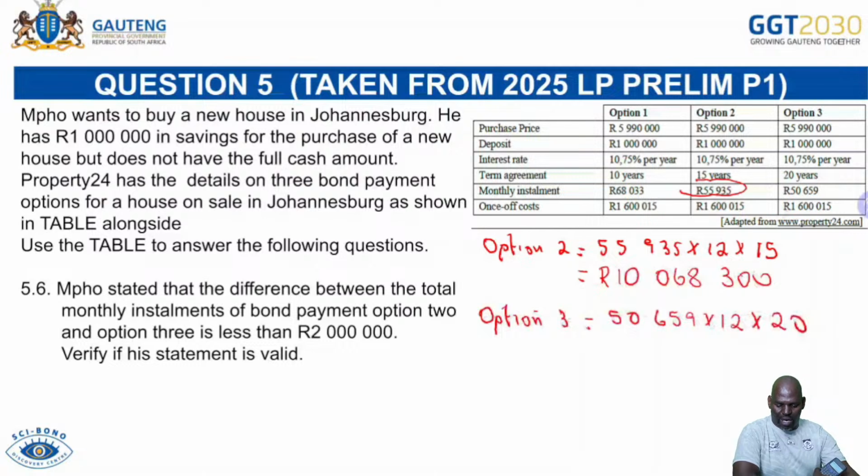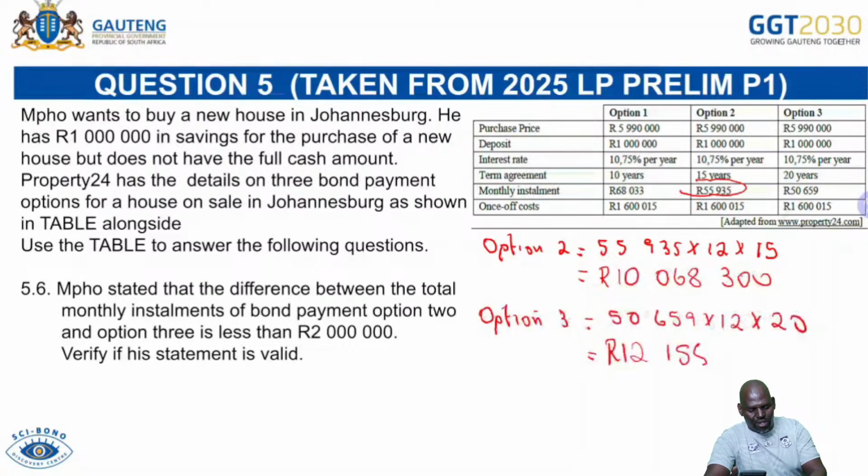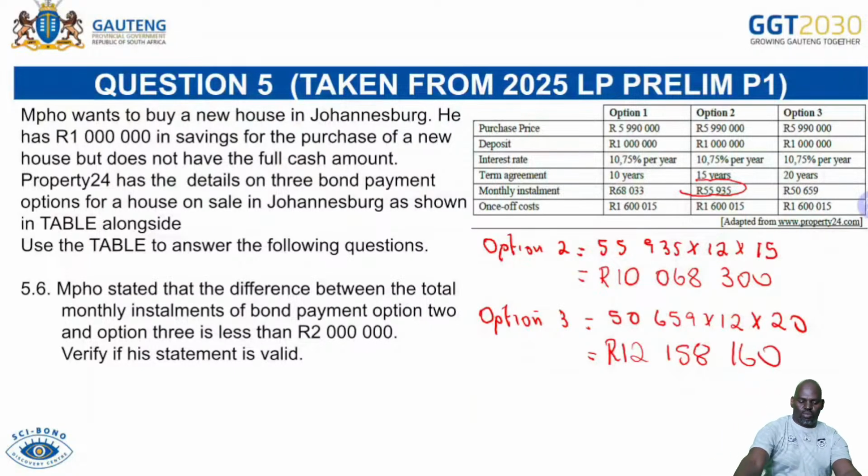Then we multiply by the number of months, and we multiply by the number of years. So 50,659 multiplied by 12 multiplied by 20 gives me 12,158,160. So that is option 3.